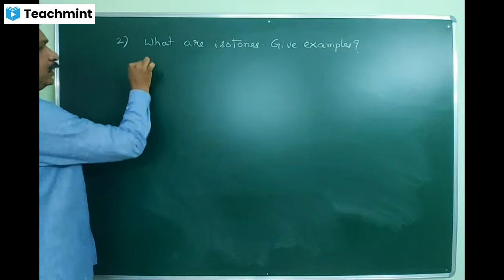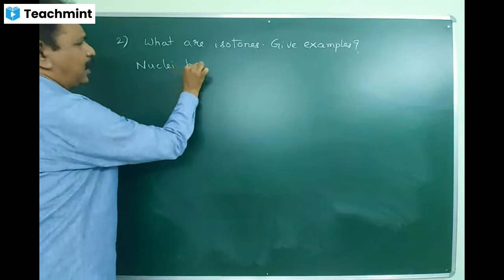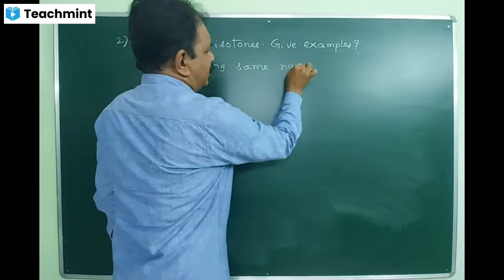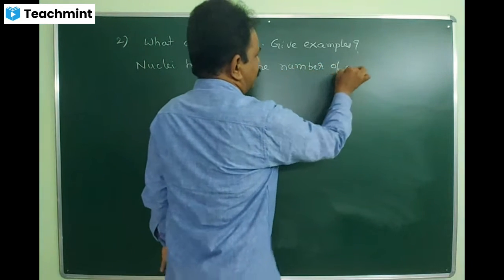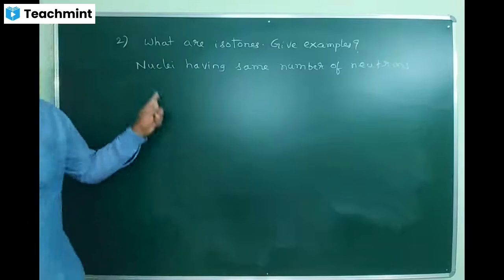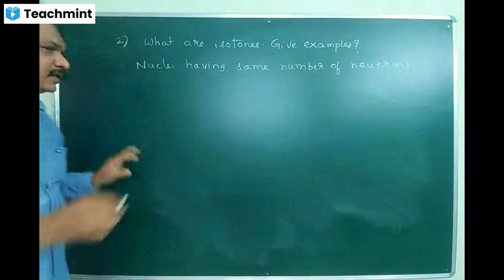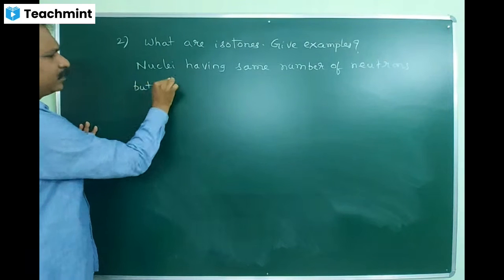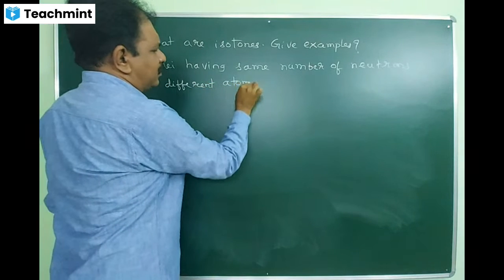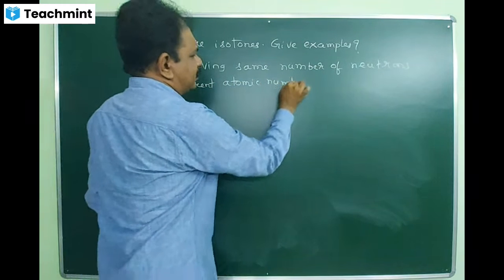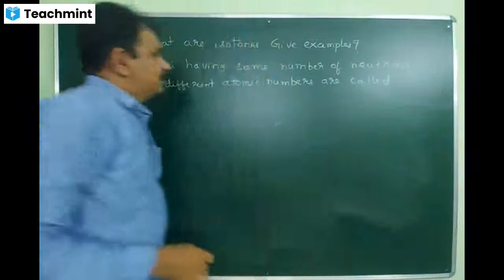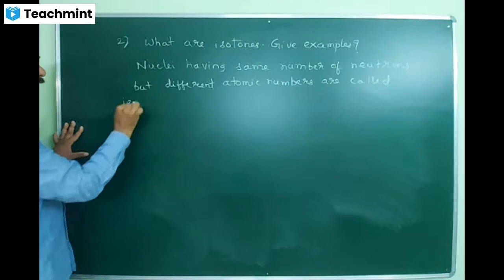So for this, nuclei having same number of neutrons but different atomic numbers are called isotopes.